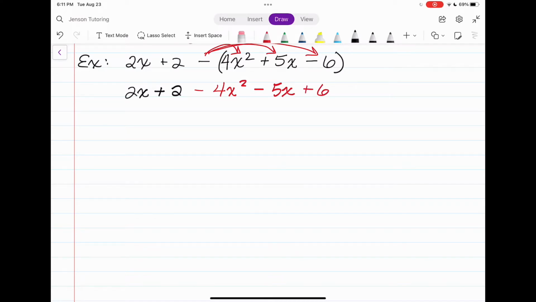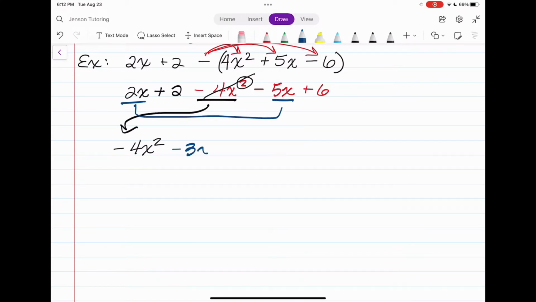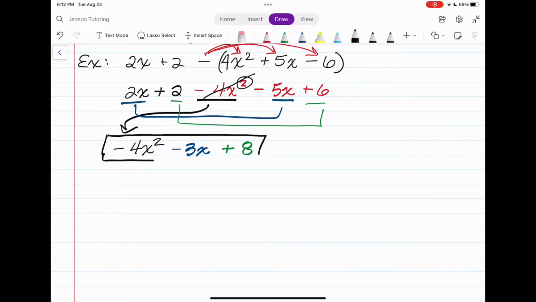So I just go ahead and I start by changing the signs for all the terms in the parentheses. And then I'm going to combine my like terms. So now we have our 2x minus 5x gives us negative 3x. 2 plus 6 is 8. And again, if you start with the largest exponent first, then your answer will always be in the right order.